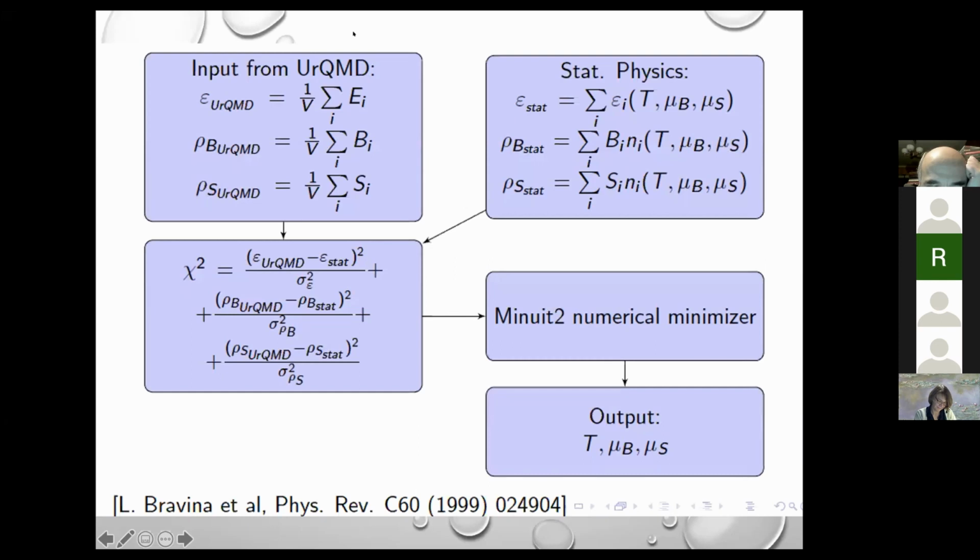As the string stretches a little more, you produce a strange anti-strange quark pair. After breakage of the string, you get a lambda, a uds baryon, and a K plus, u anti-s. That's how to produce lambda, quite easy.